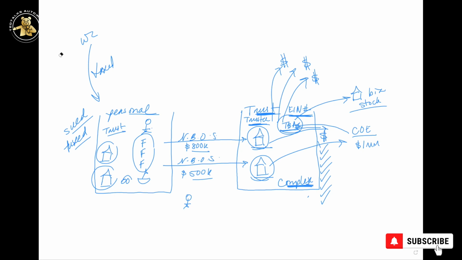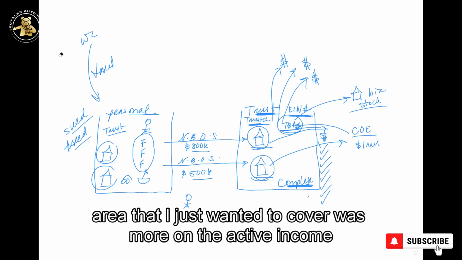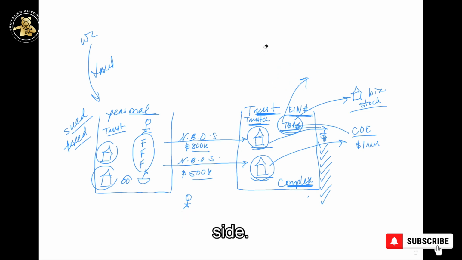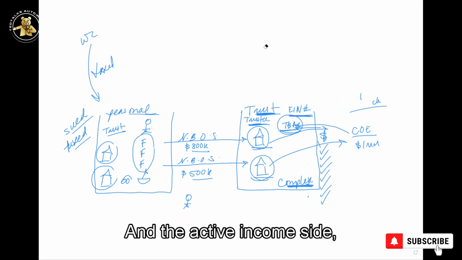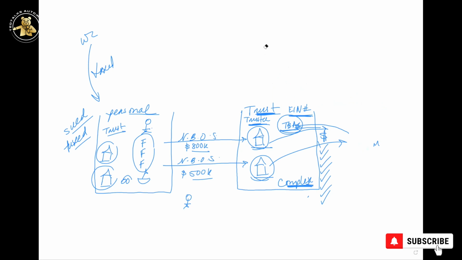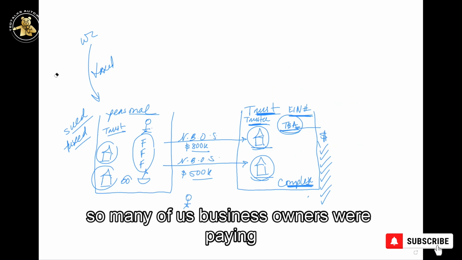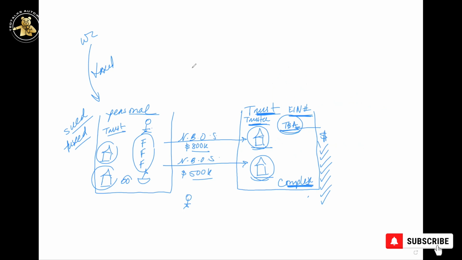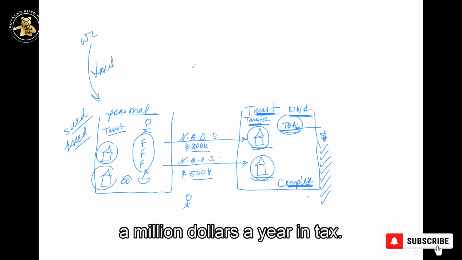One more area that I just wanted to cover was more on the active income side. On the active income side, we find so many of us business owners are paying 20, 30, 50, 100, 500, $1 million a year in tax.